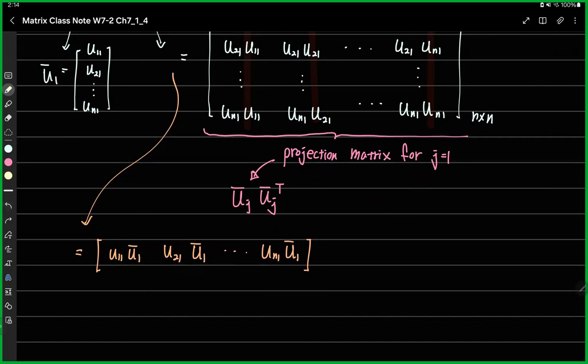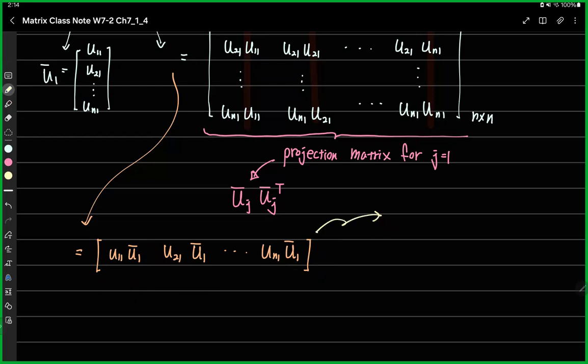Each column is just a scalar multiple of u1. So what's the rank? Which means, what is the dimension of the column space of A? The matrix A will generate what? Only the vector which is a scalar multiple of u1, right?